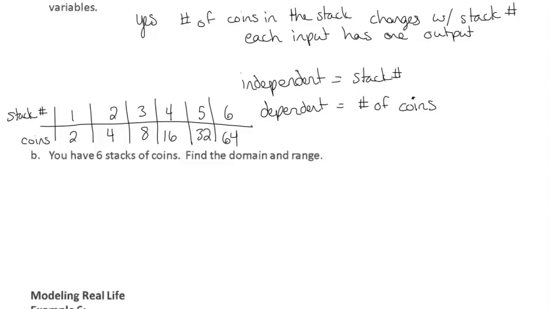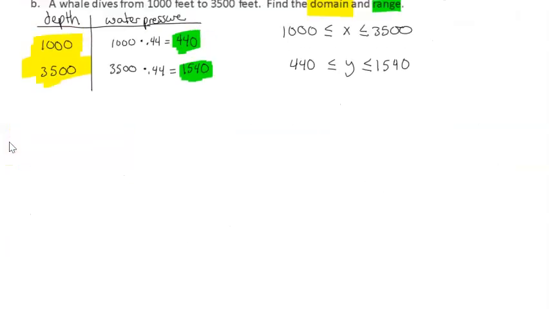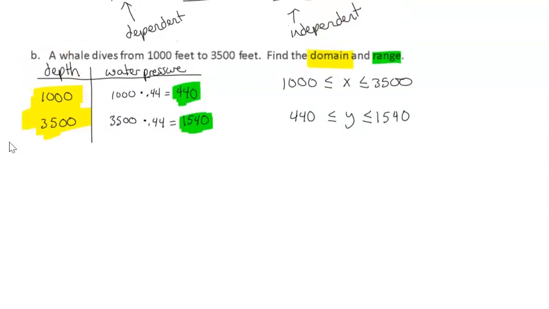Now, when we do domain and range, remember that domain is the independent variable, which is the stack number. Range is the dependent variable, which is how many coins. Now, this one is going to be like a scatter plot, because if you picture the well going down in the water, the well doesn't just magically go from 1,000 feet to 3,000 feet, right?